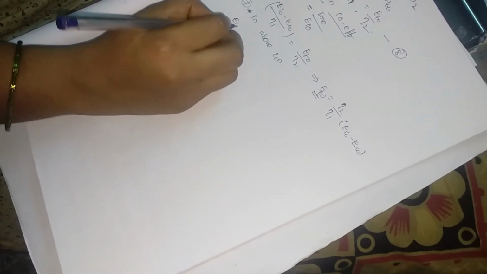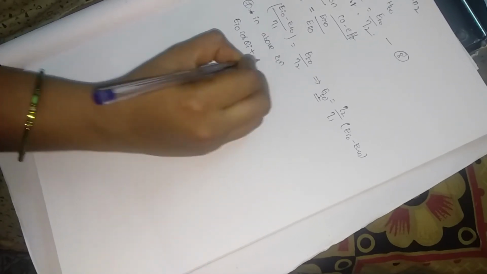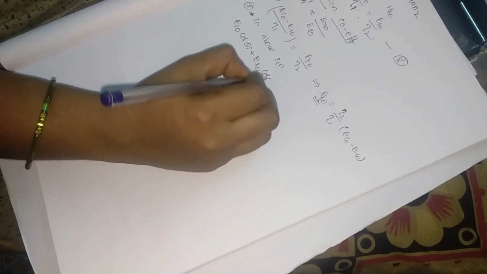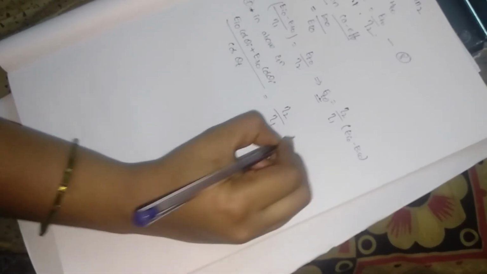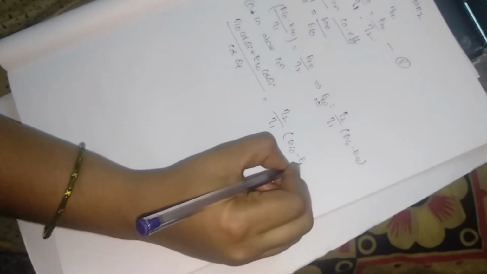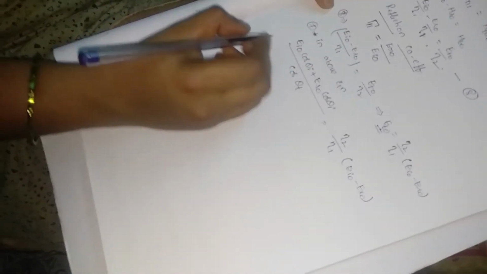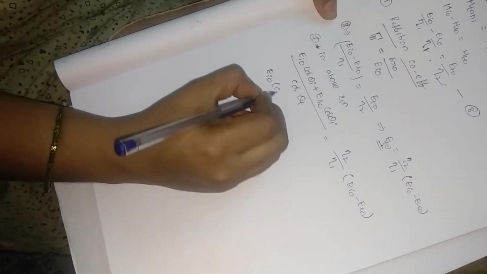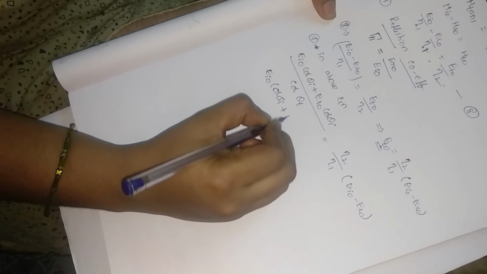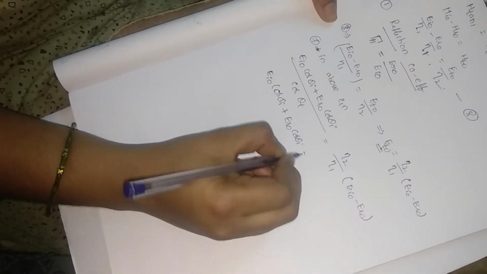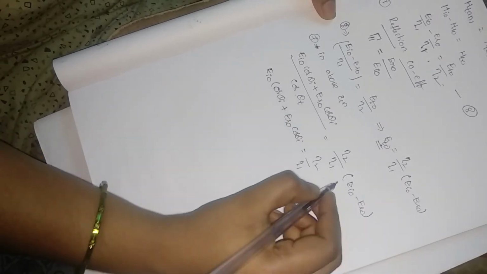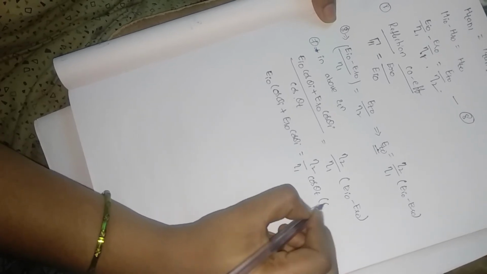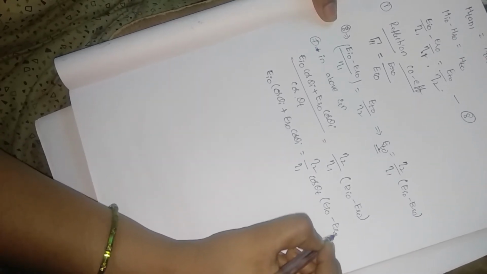We'll get, what is ET naught, (EI naught cos theta I plus ER naught cos theta I) divided by cos theta T is equal to eta 2 by eta 1 into (EI naught minus ER naught). Perform cross multiplication, you'll get EI naught cos theta I plus ER naught cos theta I is equal to eta 2 divided by eta 1 into cos theta T into (EI naught minus ER naught).